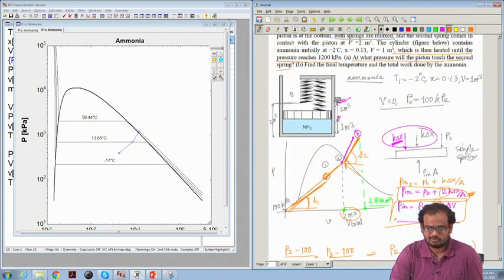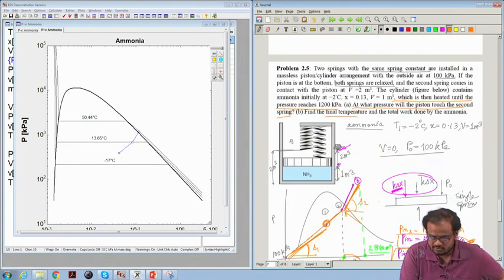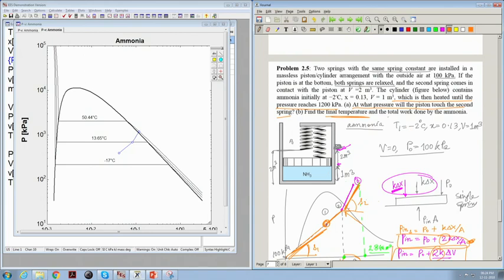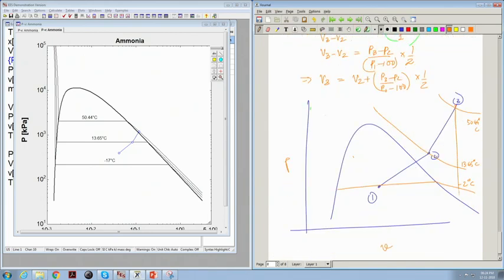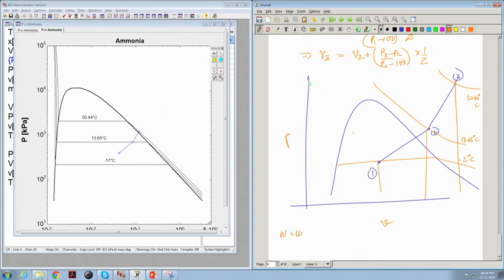Now the last question is, find the final temperature, which is 50.44, and we have to find the total work done. What is the total work done? So total work done will be work done from 1 to 2 plus work done from 2 to 3, which is equal to half P1 plus P2 times V2 minus V1 plus half P3 plus P2 times V3 minus V2.